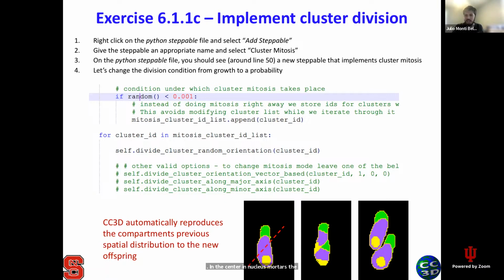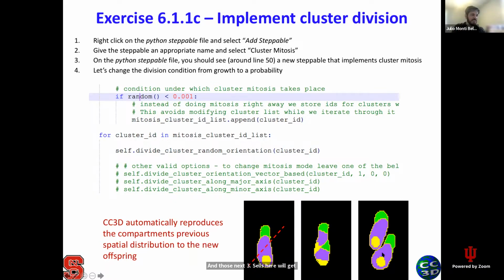Okay. What happens to the cluster ID of the new cell clusters? They get assigned a new cluster ID. So if the cell had cluster ID of 3, after division, CompuCell is going to grab the next non-used cluster ID value. So, for example, let's suppose this has cell IDs of 1, 2, 3, and because you assigned all the cluster IDs to be 2, 2, 2, after division, these are going to remain the same cluster ID of 2, and those next 3 cells here will get a cluster ID of 4.